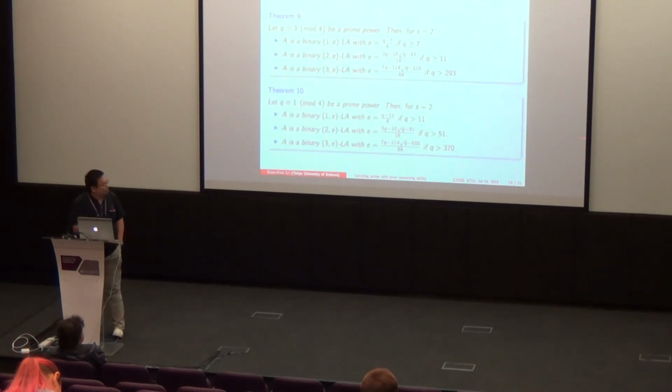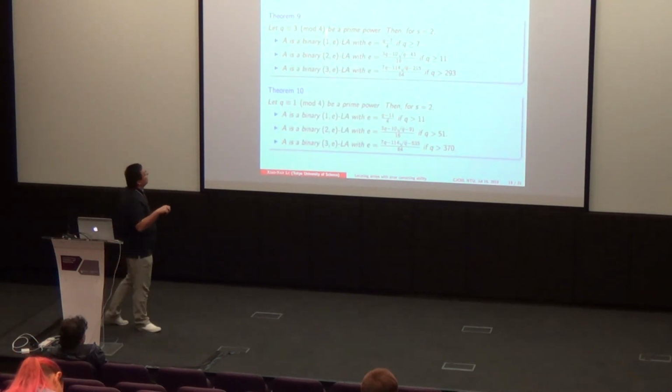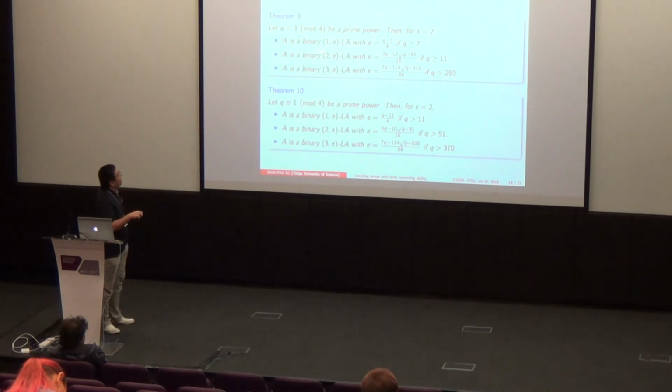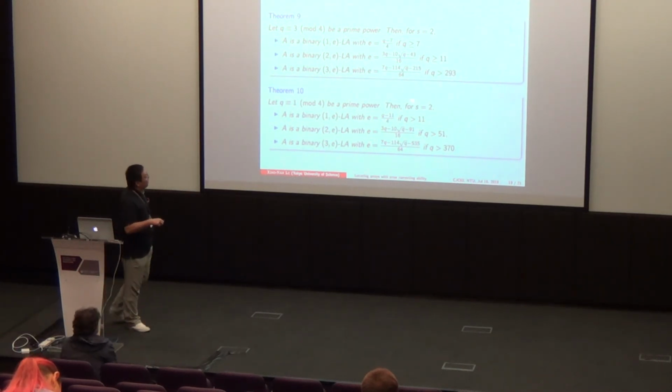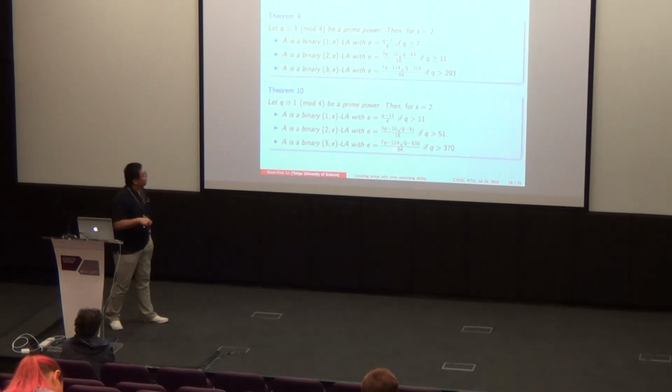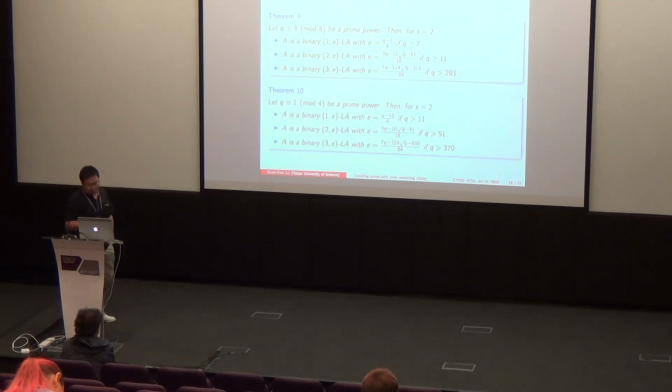Here is a concrete example we calculated for small cases. For example, when we consider the binary case, and we consider t equal to 1, 2, or 3, we can calculate like this. And the error correction is just in this form.